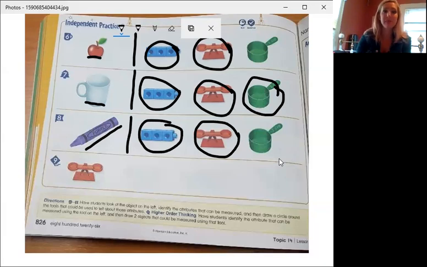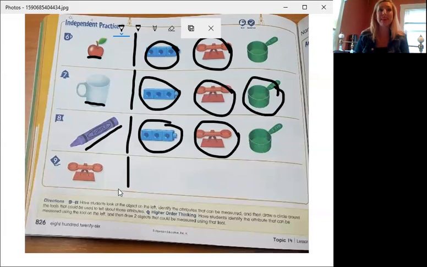All right, time for the challenge. Do you remember the name of this measuring tool? Scale. What can we measure with a scale? Yes, we can measure heavy and light.